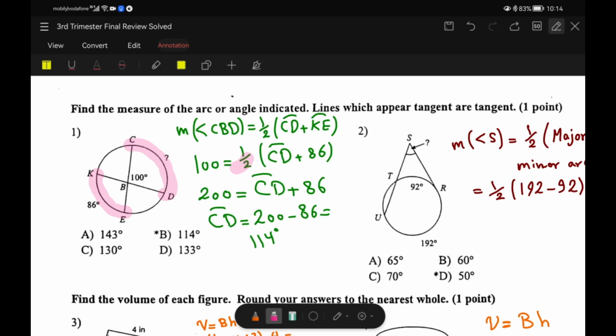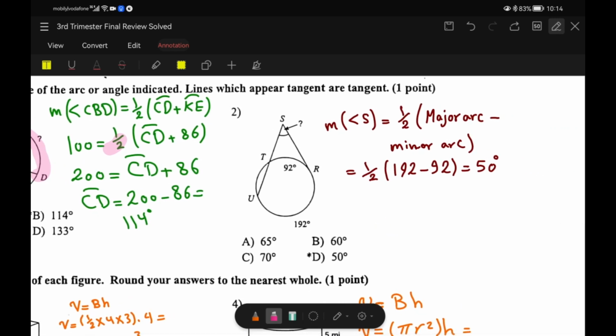Now subtract 86 from both sides: 200 minus 86 equals CD, so CD equals 114 degrees. So the measurement of the arc CD equals 114 degrees.